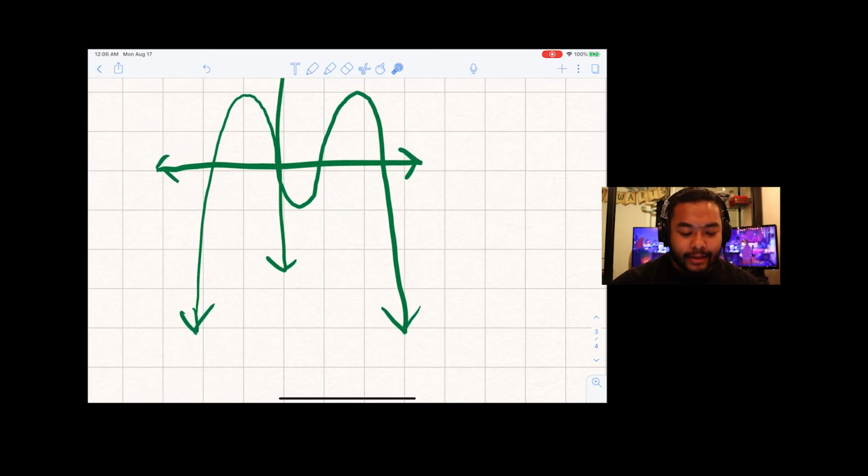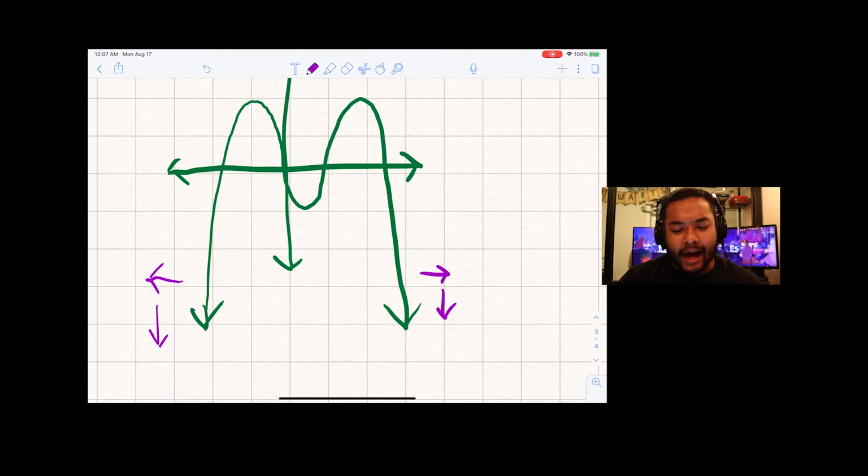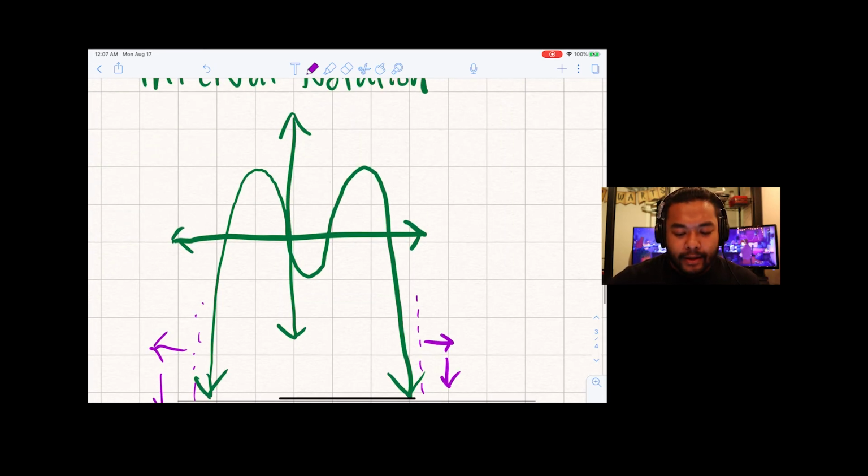For this one, it looks like it keeps going to the left, and it keeps going down. It keeps going to the right, and it keeps going down. I don't feel confident enough to say that there's an asymptote where it doesn't keep going right or left.